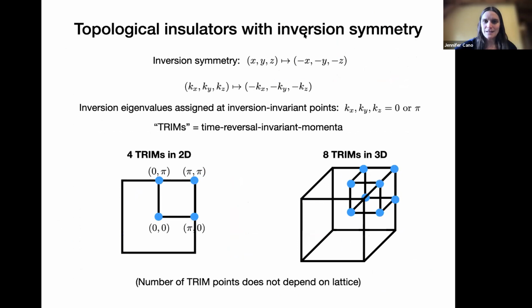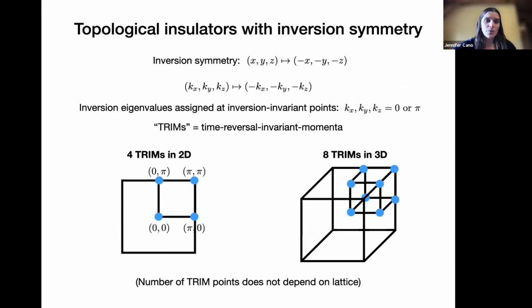Okay, so next I wanted to bring up, as a second example, topological insulators with inversion symmetry. Inversion symmetry inverts all points: x, y, z goes to minus x, minus y, minus z, and the same in momentum space. So we can only assign inversion eigenvalues to wave functions at k points that are inversion invariant, so kx, ky, kz needs to be either 0 or pi.